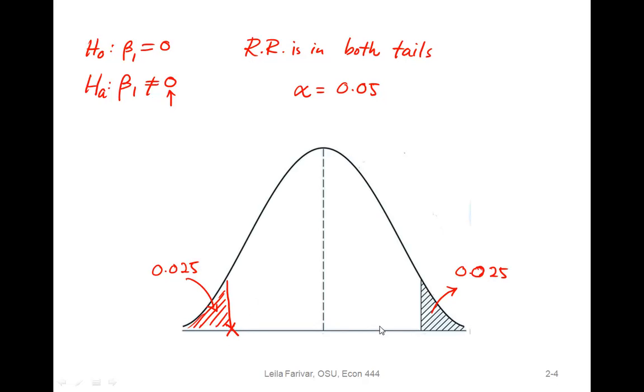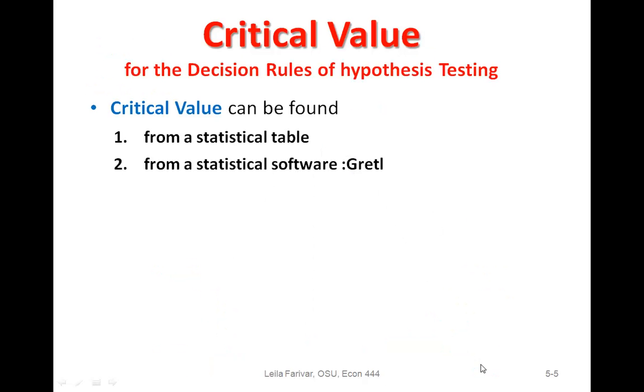Now I need two critical values, one on the left, one on the right, and these two critical values will indicate the rejection region for us. So any t which is smaller than this negative value here, and any t that is larger than the positive critical value here, would be in the rejection region.